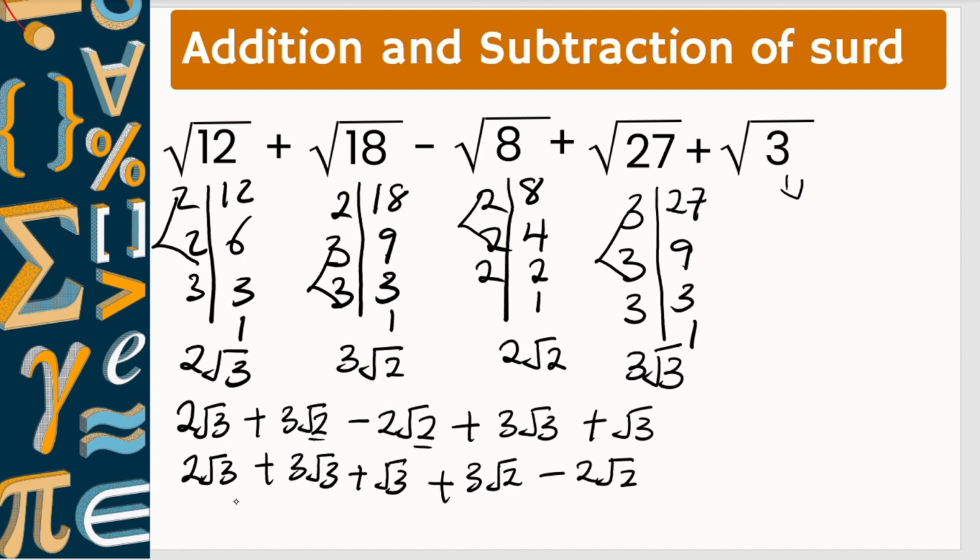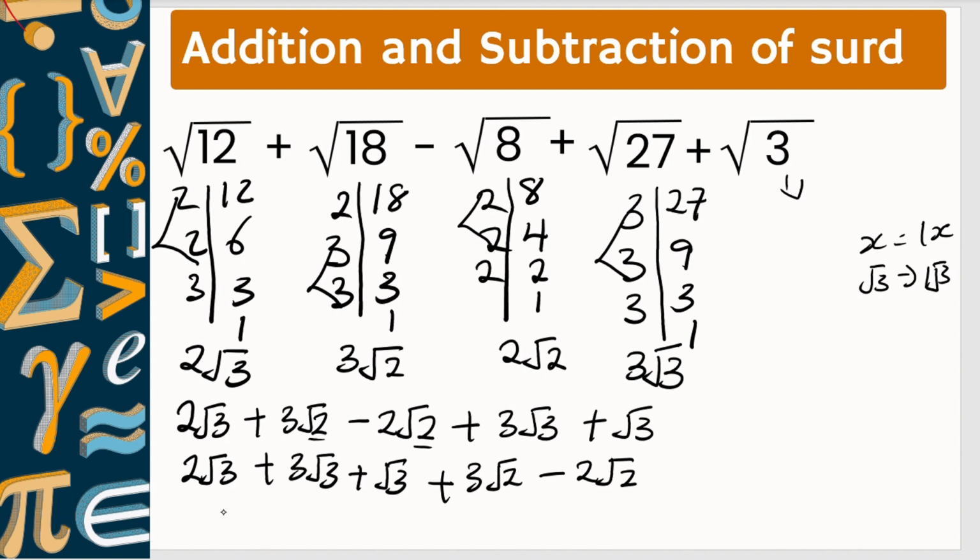So I'm going to solve. This will be 2 plus 3, 5. Remember I said that when you have a surd on its own, let's say without any coefficient, or let's say without any whole number, that means it has 1. Just like when we have x standing on its own, it is the same thing as 1x. If we have root 3 on its own, it's the same thing as 1 root 3.